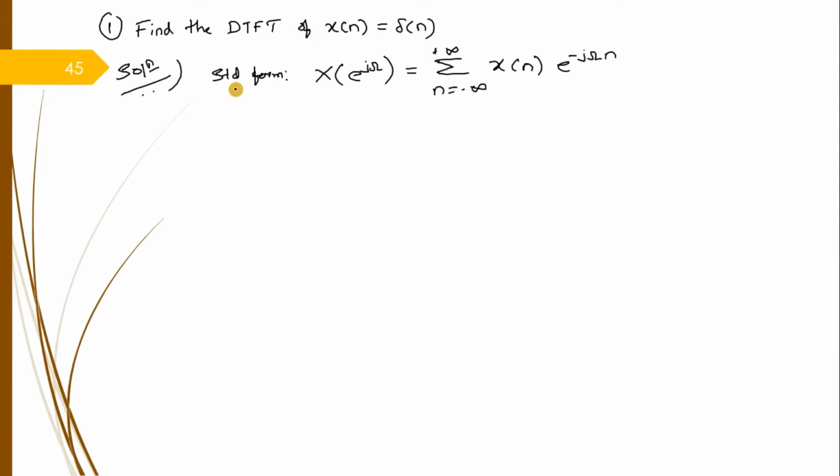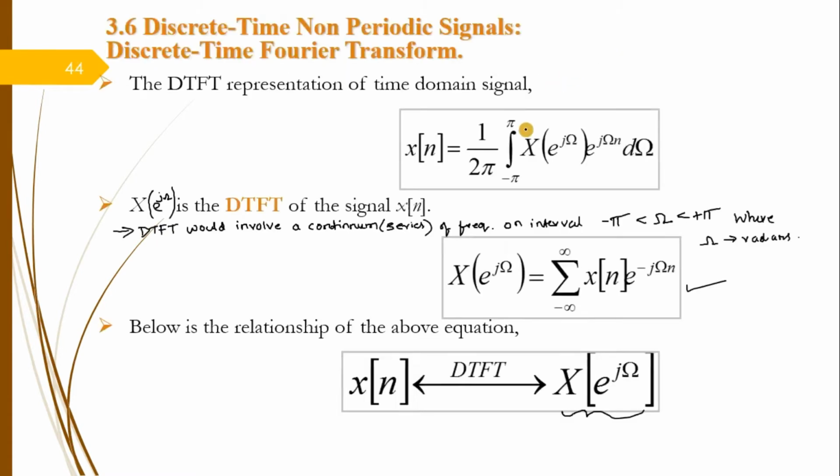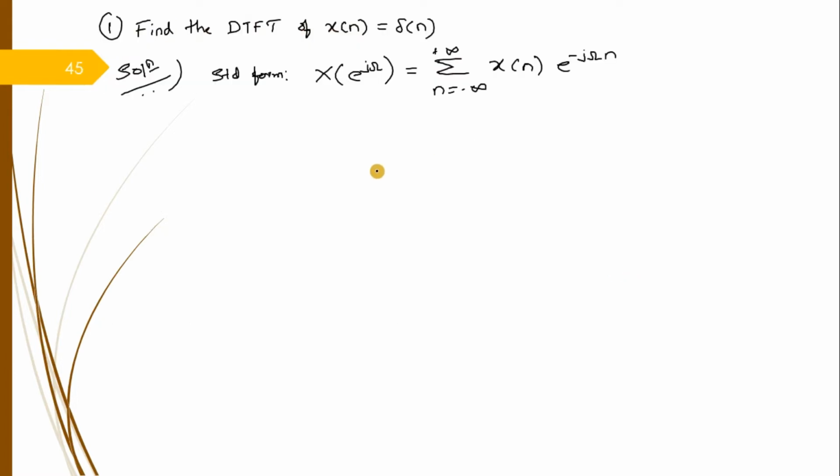So the solution goes like this. The standard equation for finding the DTFT coefficients is X of e raised to j omega equal to the summation from minus infinity to plus infinity of x of n e raised to minus j omega n. This equation I have taken from the ticked one; the same equation I have taken here. Now the solution proceeds in this manner.